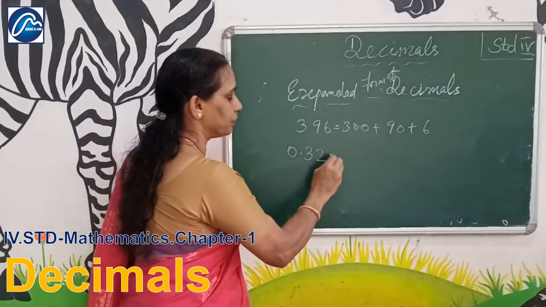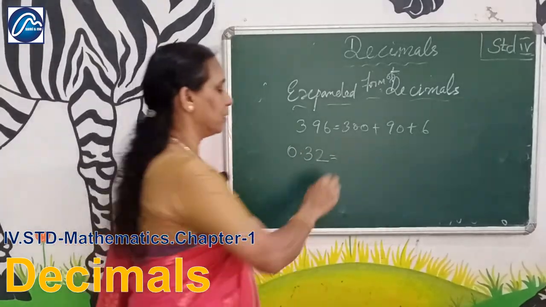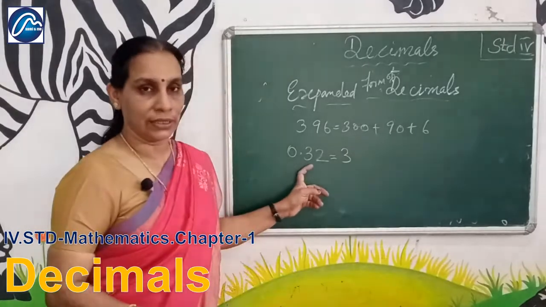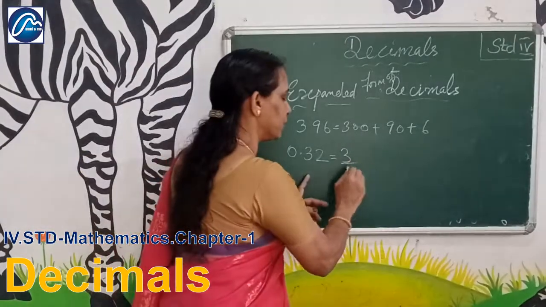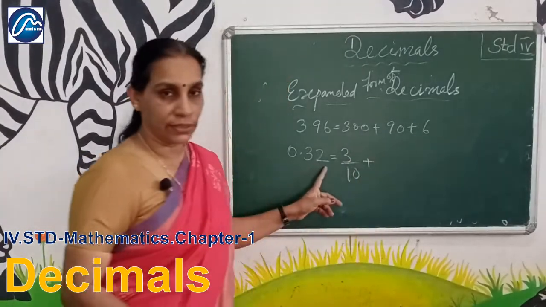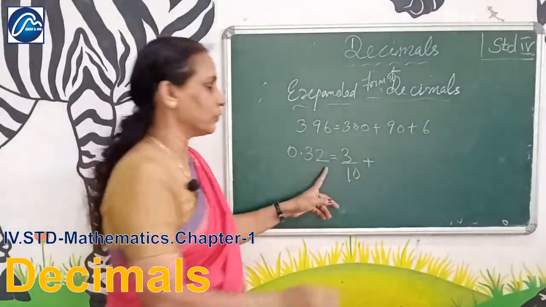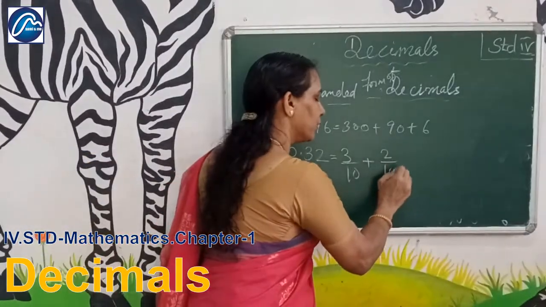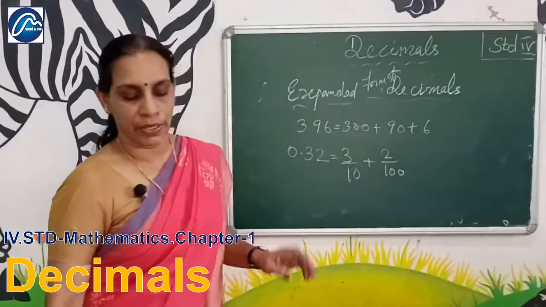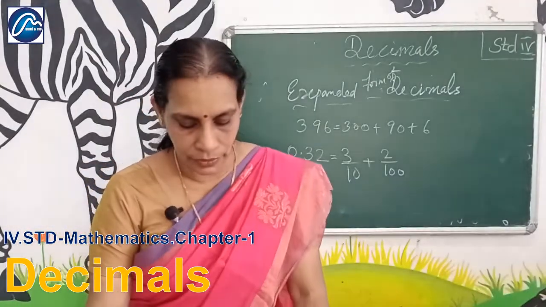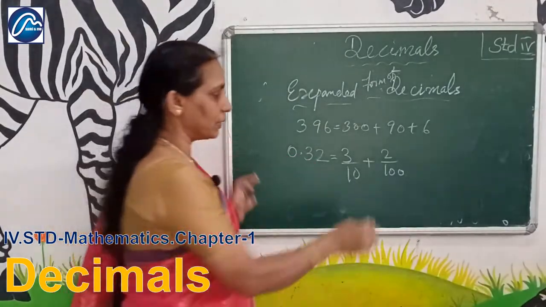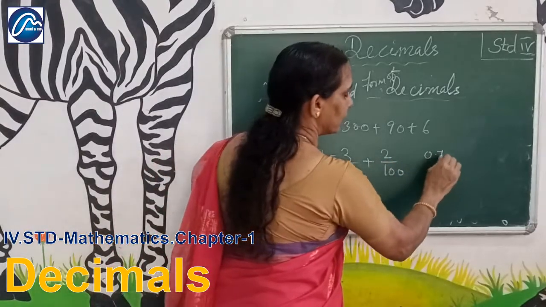0.32. This first one is in the 10th place, so 3/10. Second digit is in the 100th place, so 2/100. This is the expanded form of this number. Suppose another number is 0.705.